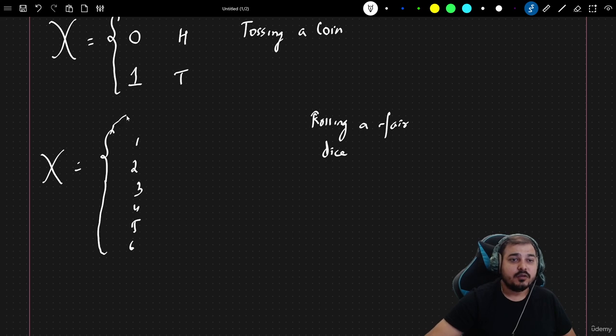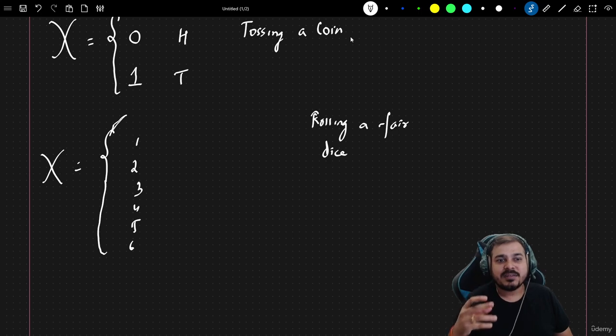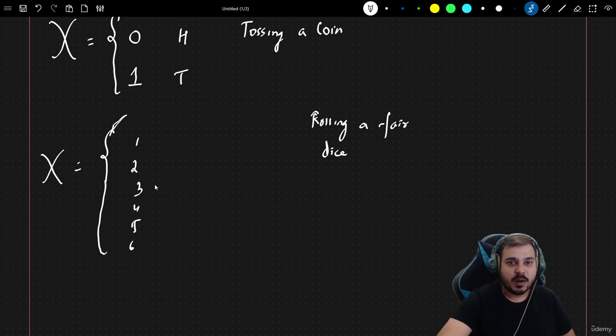And remember, specifically if you are considering categorical variables, tossing a coin has the outcomes heads and tails, and rolling a fair dice has the outcomes 1, 2, 3, 4, 5, 6. So from these kinds of processes, we are getting some kind of value. This you really need to understand.